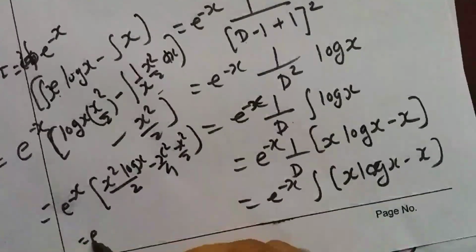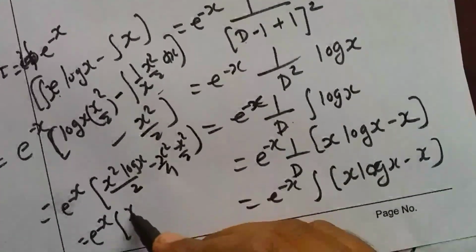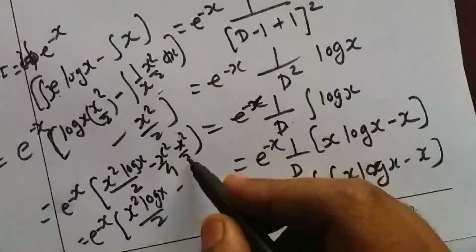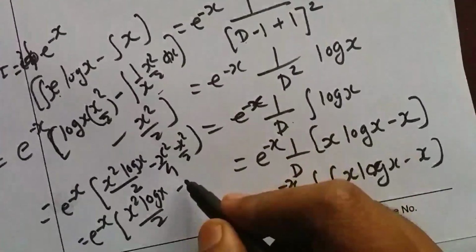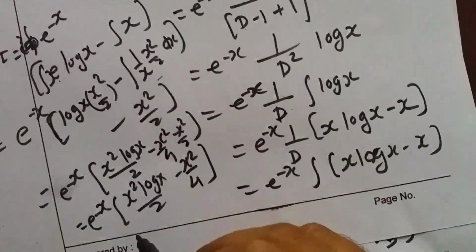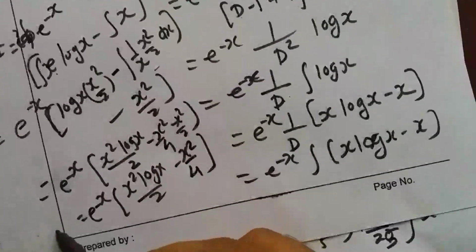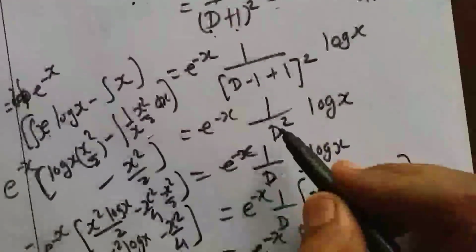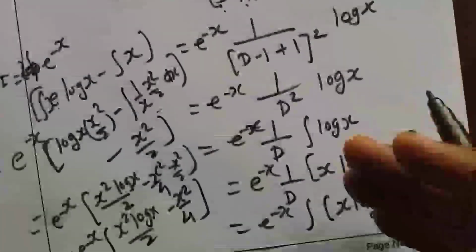After simplification, we'll get e raised to minus x into x square log x by 2 minus x square by 4. So this will be your particular integral for this problem. Okay, so this is how you can do. Whenever we have 1 upon d square, the meaning of that is integration of that 2 times.